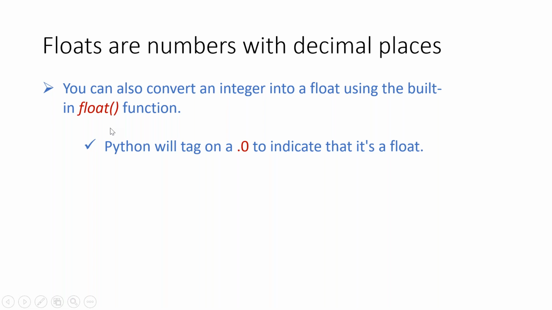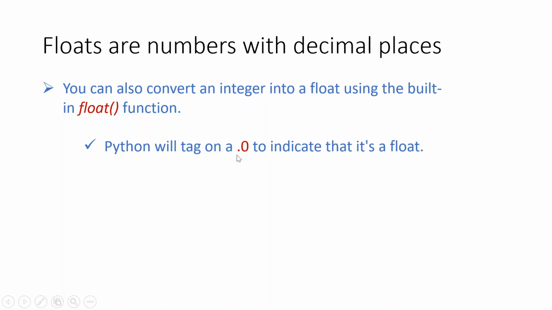Say you are using some number as an int, but I want a little more precision in my computation, so I want to use it as a float rather than an int. Then I can use the built-in function float and give my int object inside the parentheses. It will put a decimal and make it a float.